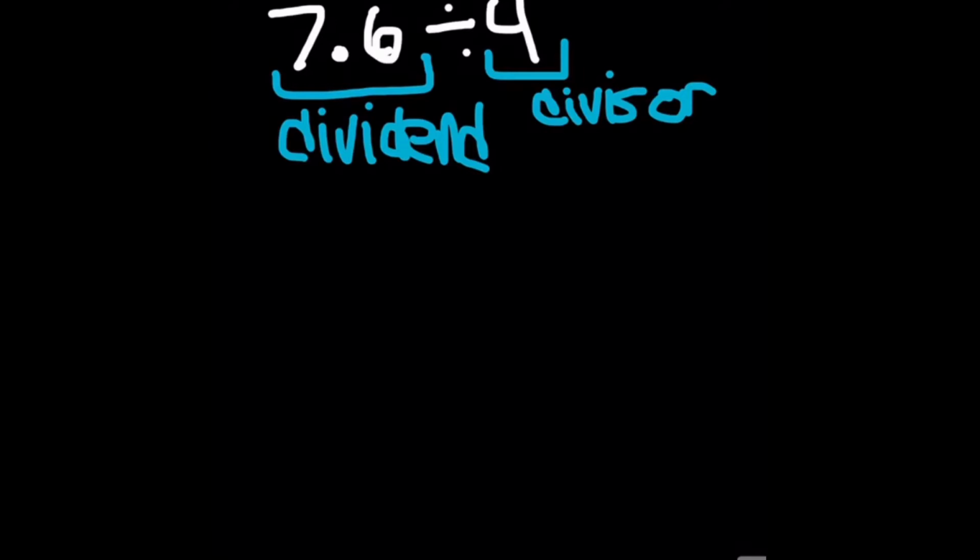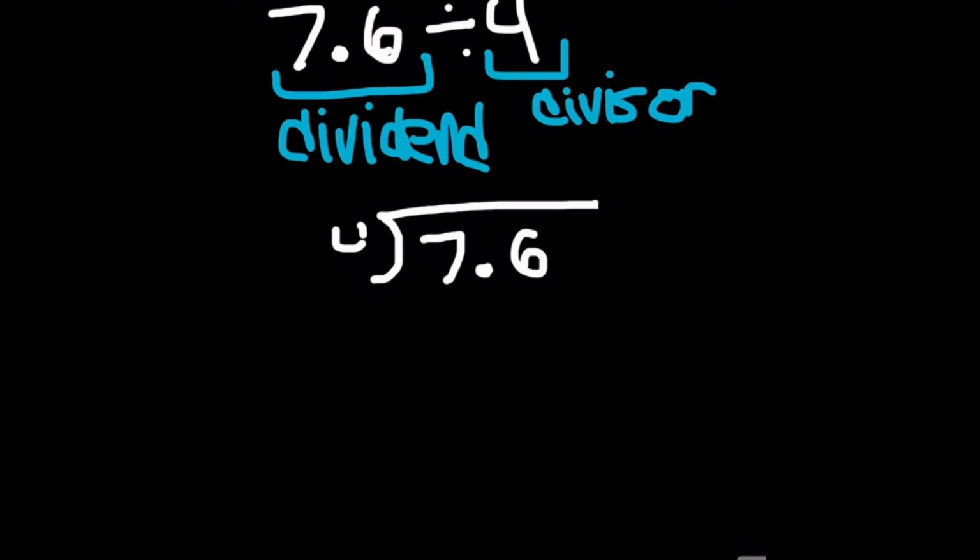So when we have to divide a decimal by a whole number, our first step really should be long division. You solve using long division. Our dividend will always go inside the house, and our divisor will go outside the house. Now the first step you should do, once you write it out, is spot your decimal and move it up right where it is.